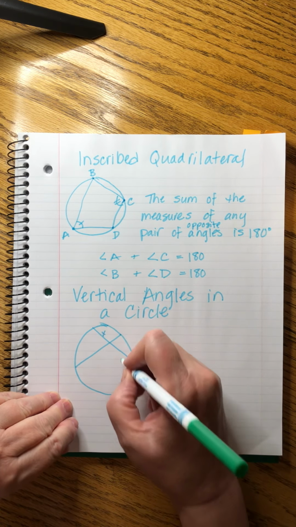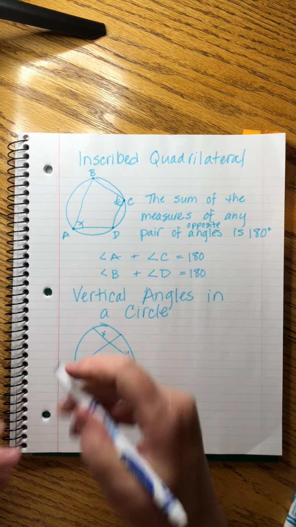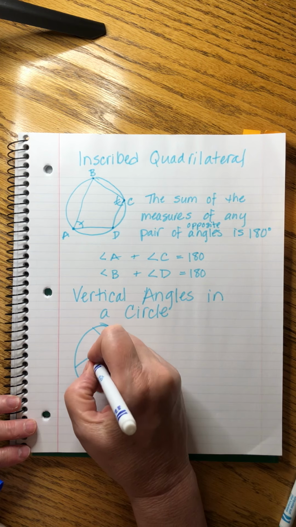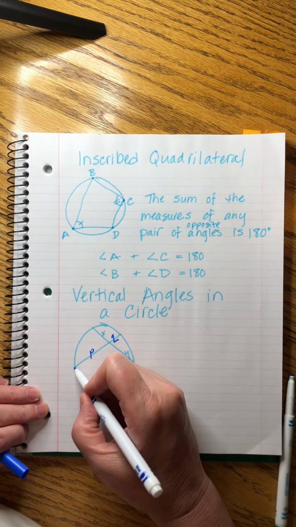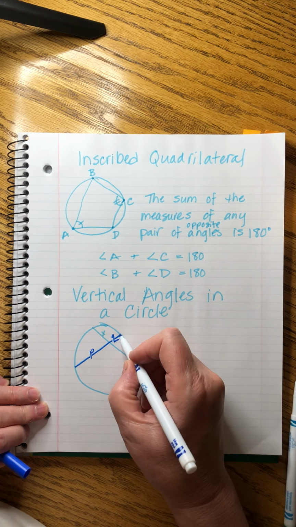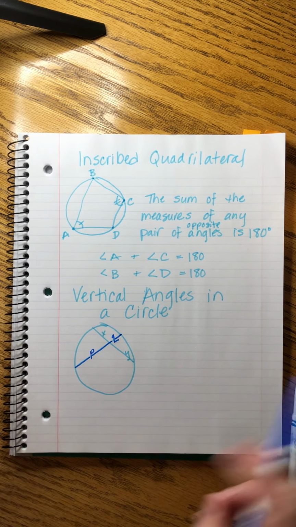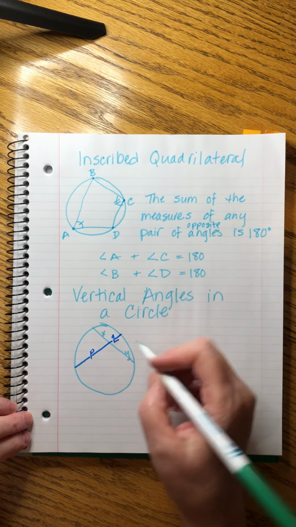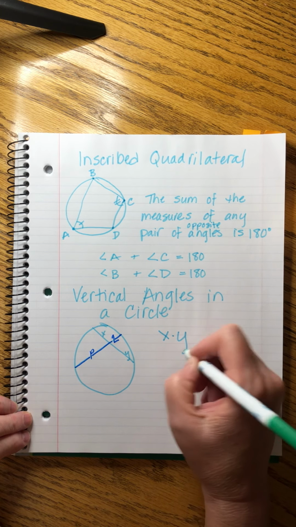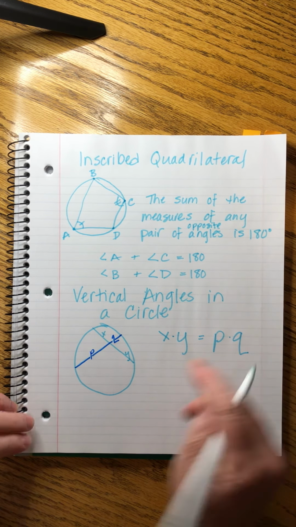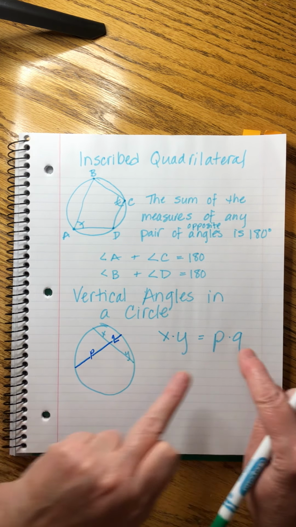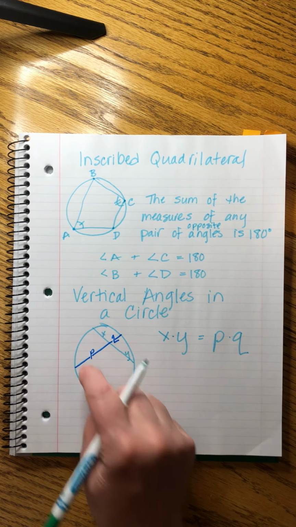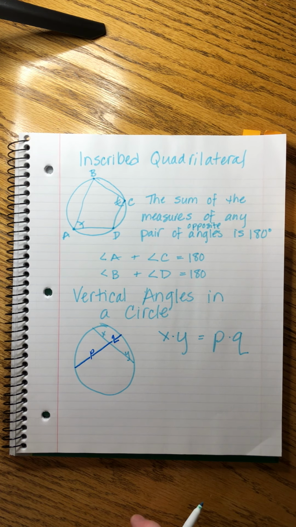This one's X, this one's Y, this one's P, and this one's Q. I used color so that you can see that these two are on this line and those two are on that line. We can say that X times Y equals P times Q. So if you multiply the segments of the two lines that create a vertical angle within the circle, they'll be equal to each other.